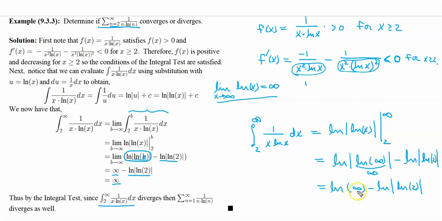The ln of infinity is the limit as b goes to infinity of the natural log of b, which is infinity, minus a number, and you get infinity. You really are putting the b's in here because you're thinking of the ln of infinity as the ln of b and then letting b go to infinity. But it's just a shortcut.